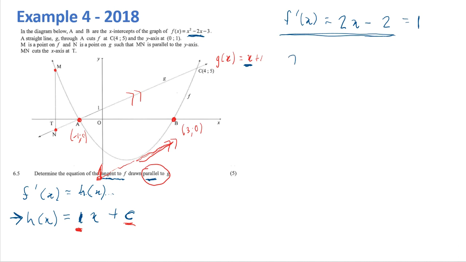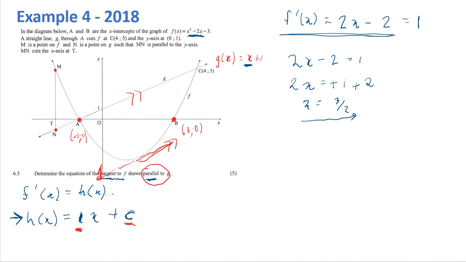So I'm getting 2x minus 2 equals 1, and again 2x equals 1 plus 2. That's fine? Yes. Okay, so x equals 3/2.